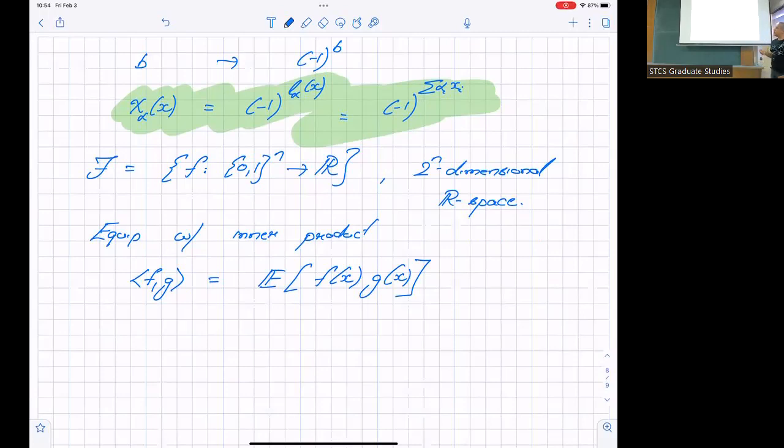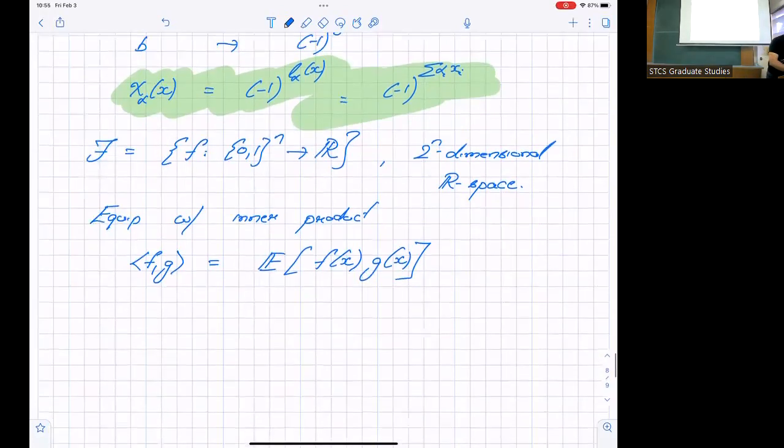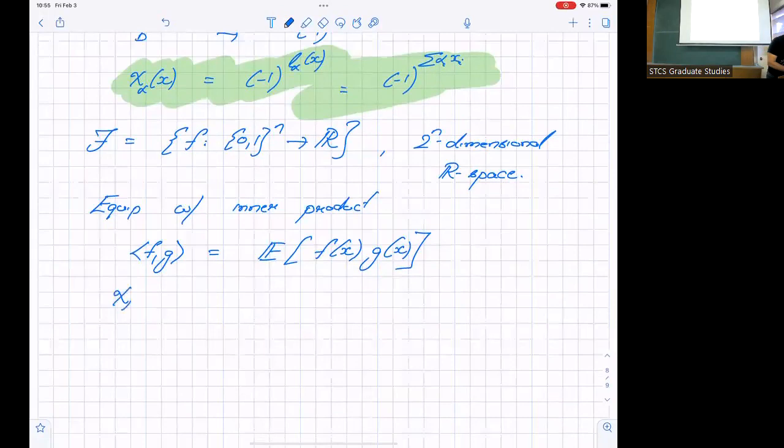Why am I talking about all of this? The key important fact to notice, the main observation, is that the chi alphas form an orthonormal basis.